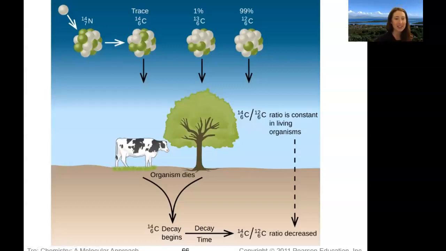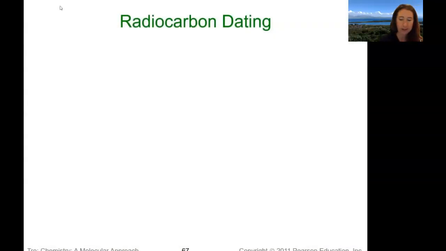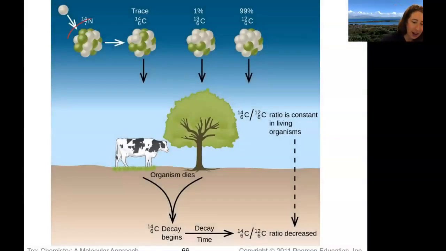Carbon-14 is produced when atmospheric nitrogen is bombarded by cosmic rays. You can see here's our atmospheric nitrogen. It gets bombarded and it makes carbon-14. And just enough carbon-14 decays back into nitrogen after a long time.